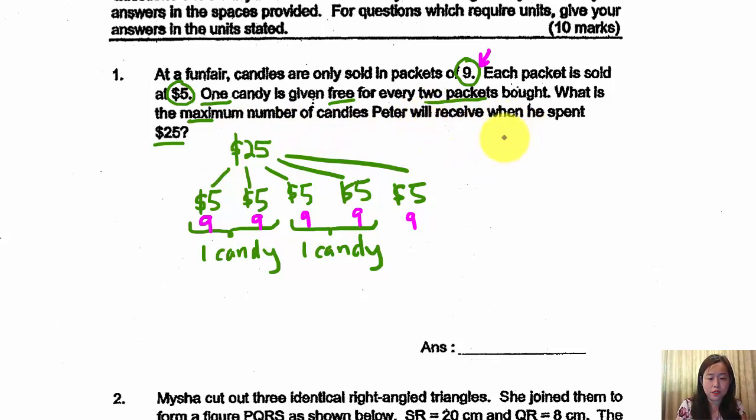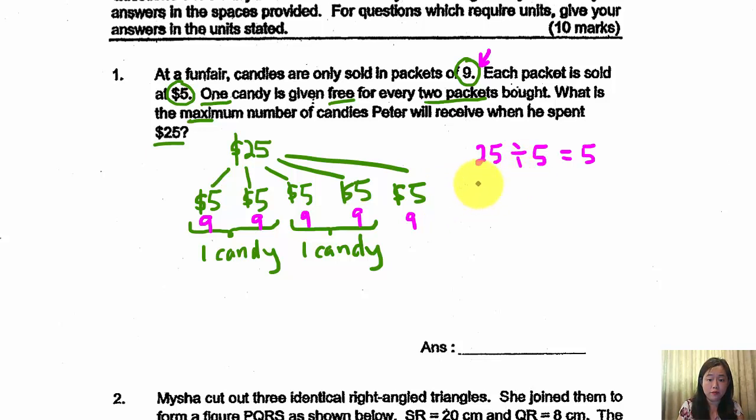The steps are $25 divided by $5, which is equal to 5. So basically there are 5 sets of $5. How many candies are there in 5 sets of $5?